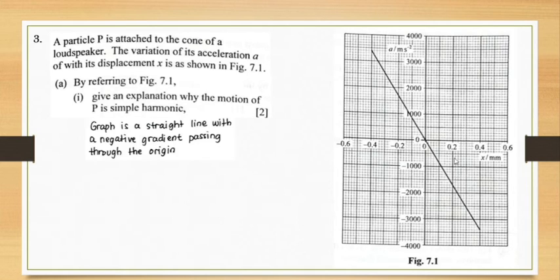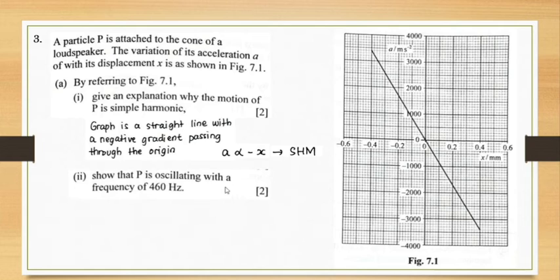This is a straight line graph with a negative gradient passing through the origin. So from here, we can see that acceleration is proportional to minus x, minus displacement. This is the characteristic of a simple harmonic motion. So we can say that this motion is simple harmonic motion.